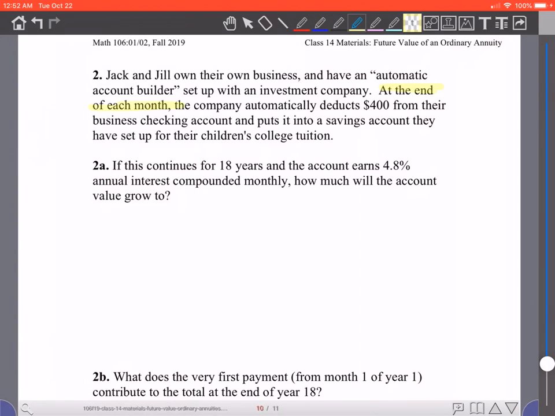So we're still considering just payments made at the end of every month, but now we've got to take into account any compounding frequency that may be happening. So yes, this says if this continues for 18 years and the account earns 4.8% annual interest compounded monthly, just make sure that you're compounding monthly everywhere. So for n, it's not just 18, it's how many months there are in 18 years.